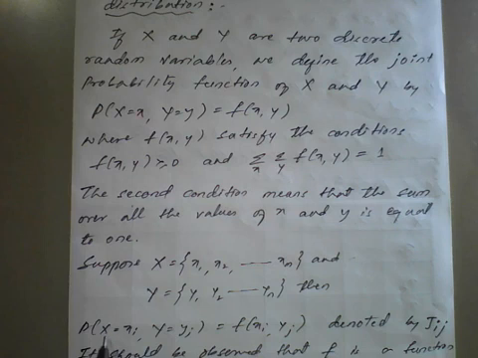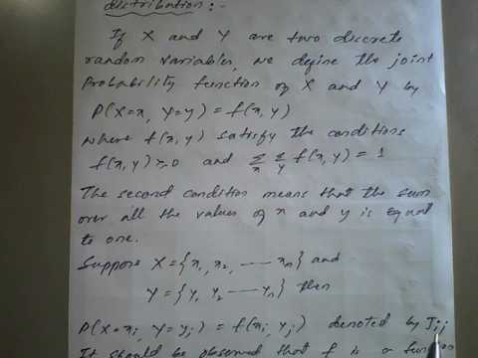Then the probability of capital X equal to xi and capital Y equal to yj is nothing but f of xi comma yj, denoted by J of ij, where i belongs to x and j belongs to y.